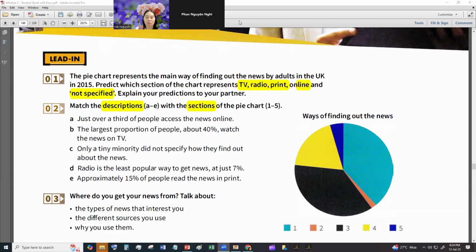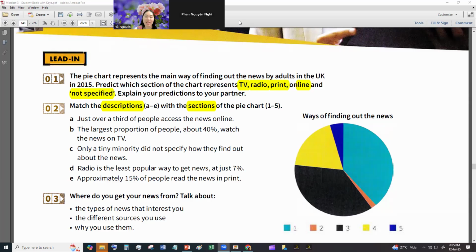I choose these sources because they are convenient, up to date, and accurate, while social media gives me access to real-time reactions and diverse options.